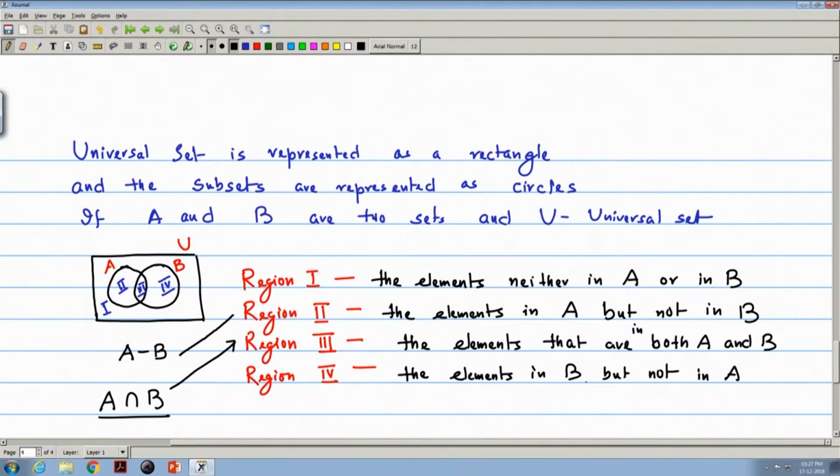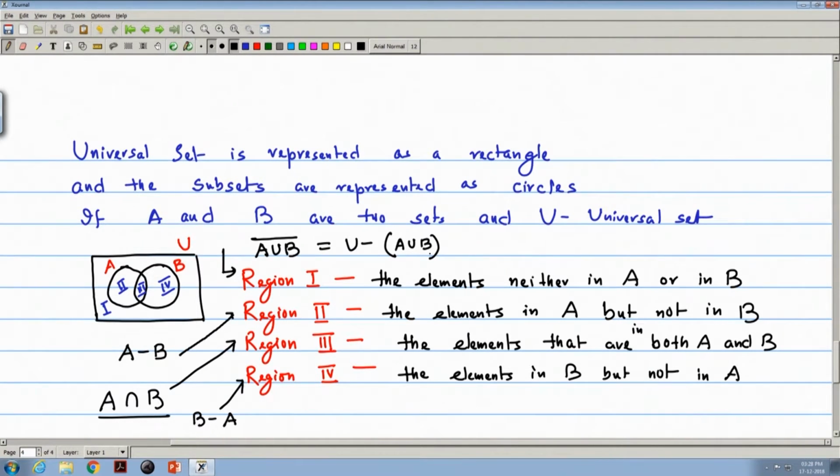Similarly, region 4, elements in B but not in A, is B minus A. Region 1 is the elements neither in A nor in B. If I consider A union B, that means they are either in A or B or both, so neither means the complement, that is U minus A union B.